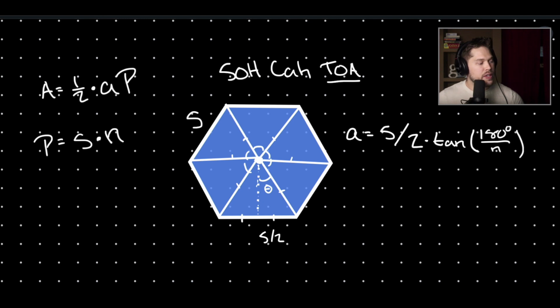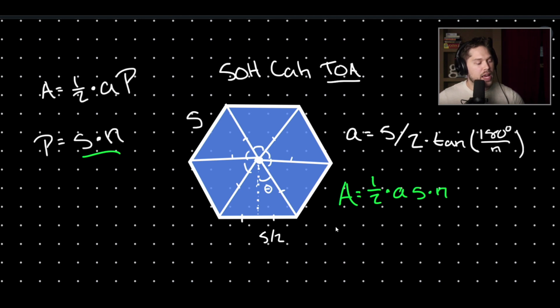Here I'll even change colors to this nice green. So we know that our area is going to be equal to 1/2 times our apothem times our perimeter, which is just s times n. And our apothem is this full mumbo jumbo.